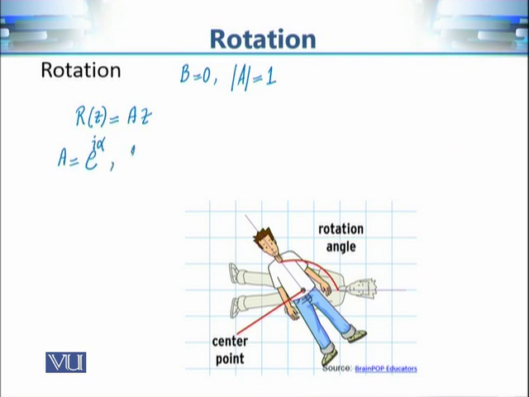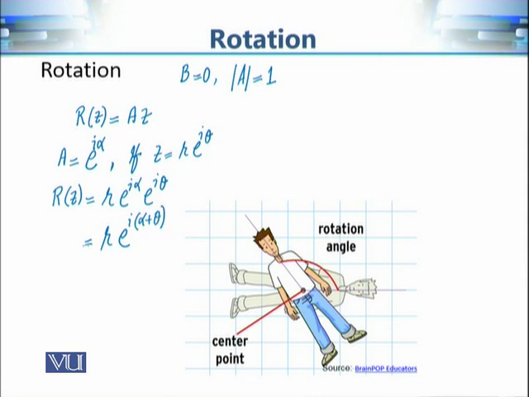And if we choose Z to be equal to R e raised to power iota theta, then the rotation function becomes R of Z is equal to R e raised to power iota alpha times e raised to power iota theta, which is equal to R e raised to power iota (alpha plus theta). So this is the rotation linear transformation.